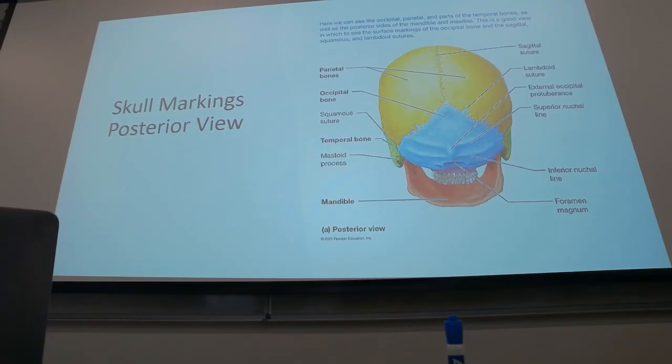And then we have another suture that you can see that we saw before in the lateral view. So this is a lambdoid.